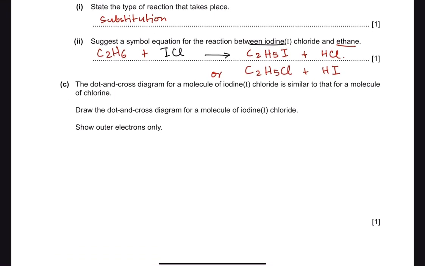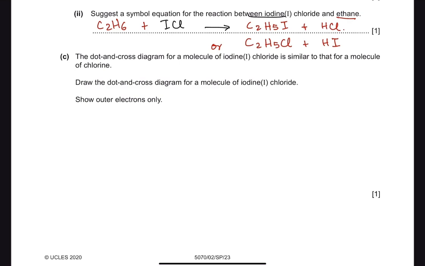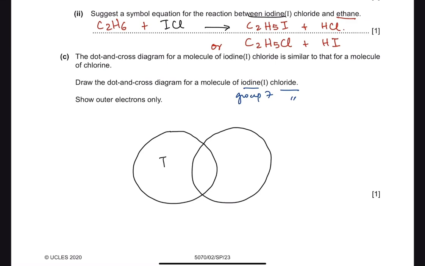Draw the dot and cross diagram for a molecule of iodine chloride. Iodine is group 7, chlorine is also group 7. So I will draw two circles, circle 1, circle 2, iodine, chlorine. They both make a single covalent bond because they want to make one bond each.